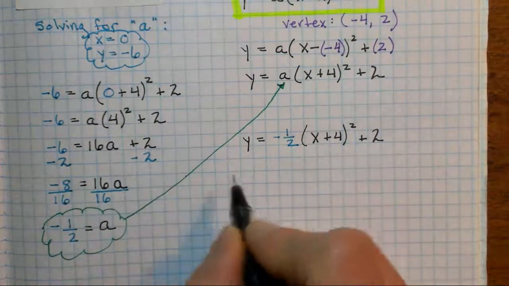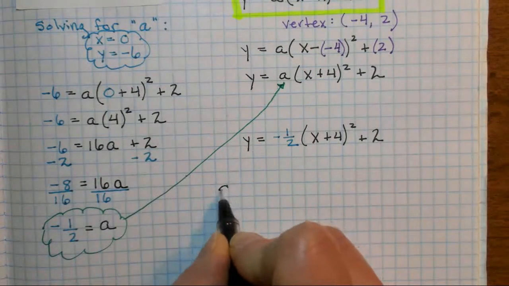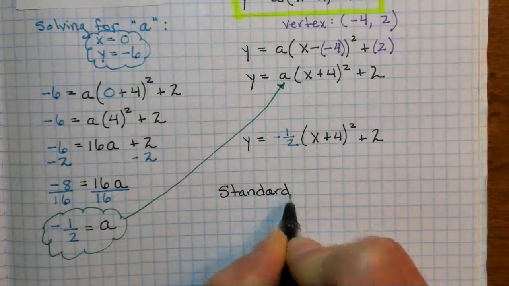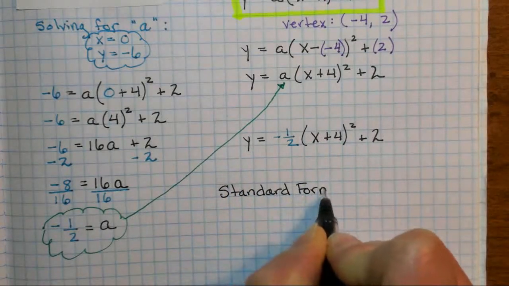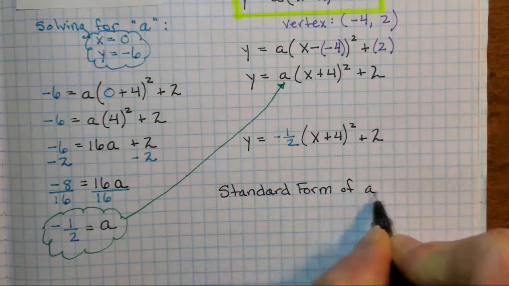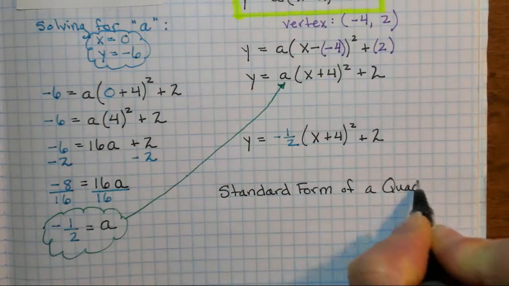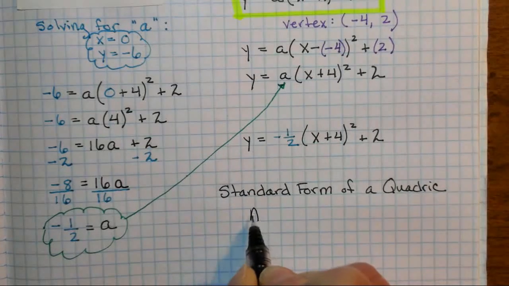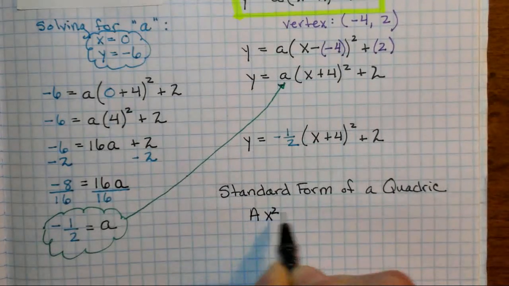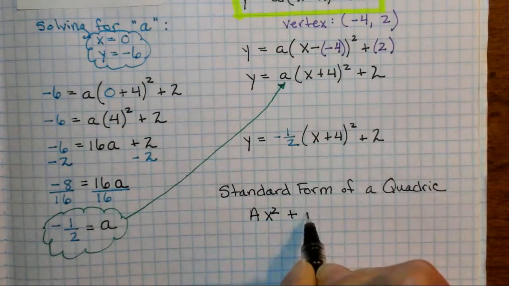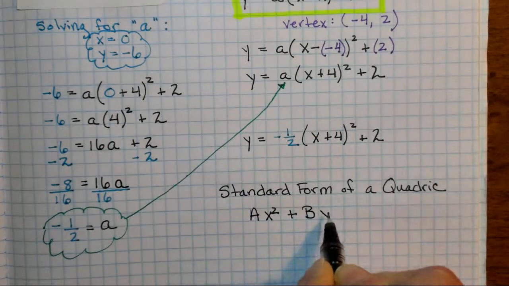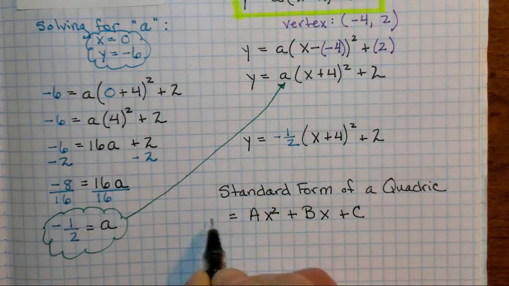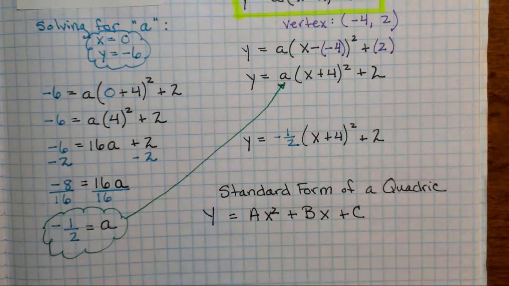So standard form, let's just write this here. Standard form of a quadratic looks like this. Ax squared plus bx plus c, and that all equals our y.